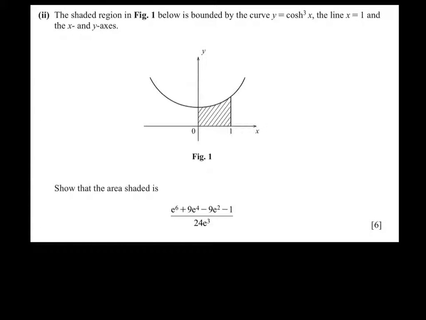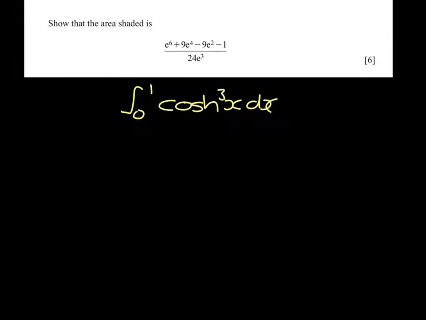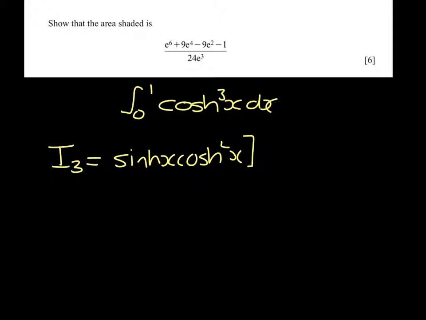To find this area, we're going to integrate from 0 to 1 cosh cubed x with respect to x. So we are being asked to find I3. If I use our formula from before, that is sinh x cosh squared x. Remember to put in our limits, 0 to 1.